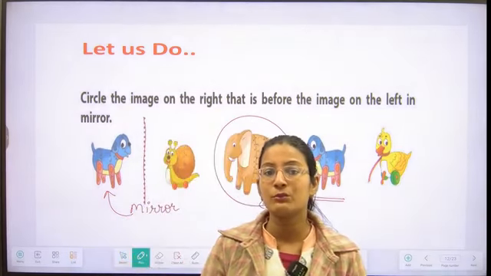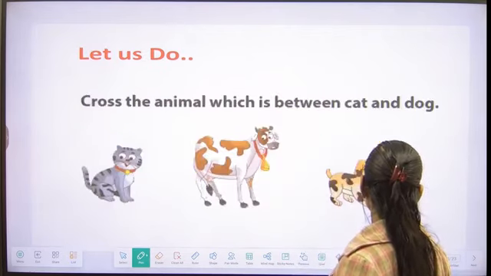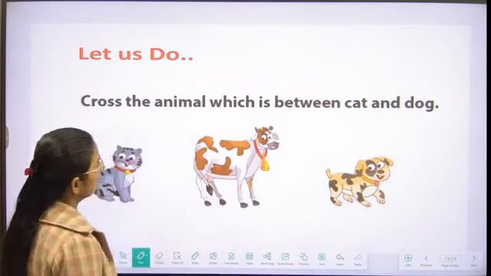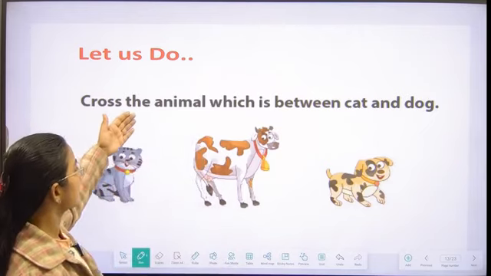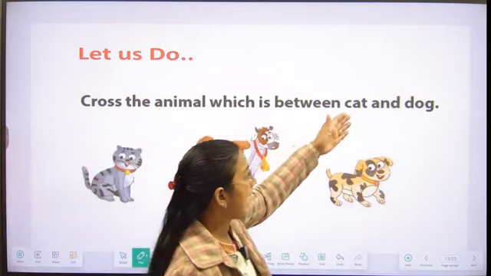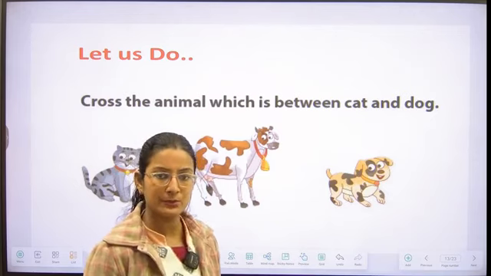Now we are going to move on our next exercise. Okay, read the question carefully with me. Cross the animal which is between cat and dog. What we have to do in this question?